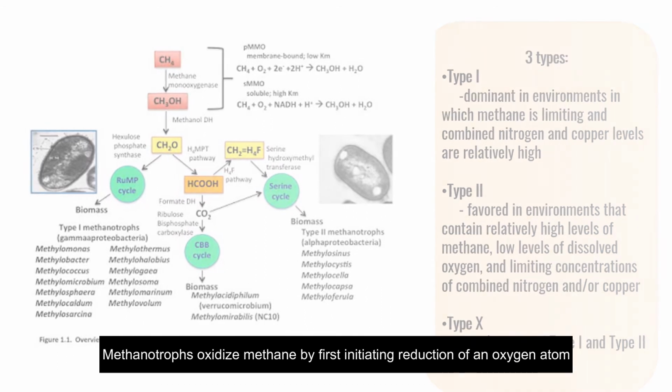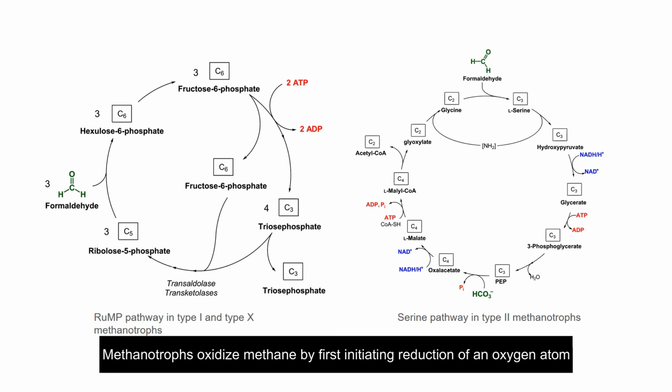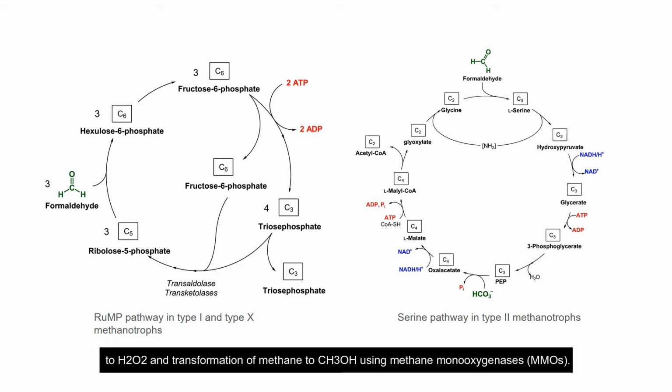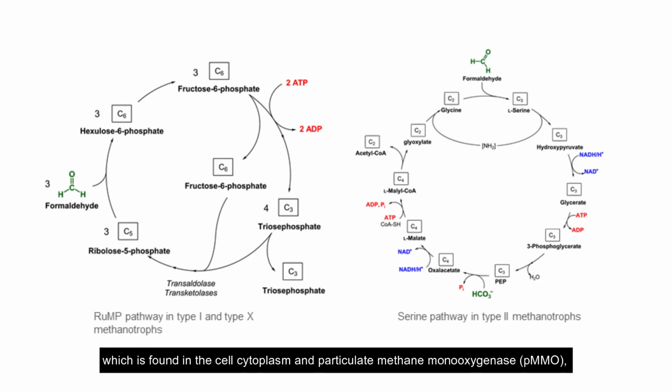Methanotrophs oxidize methane by first initiating reduction of an oxygen atom to hydrogen peroxide and transformation of methane to methanol using methane monooxygenases. The two types of MMOs, or methane monooxygenases, are soluble methane monooxygenases, which are found in the cell cytoplasm, and particulate methane monooxygenases, which are found in the cell membrane.